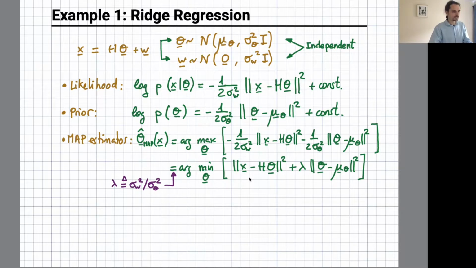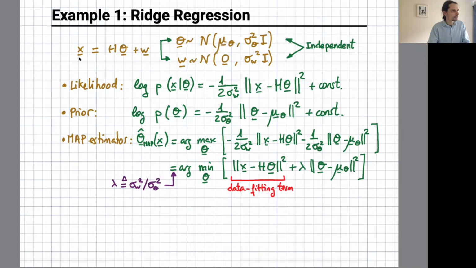So let us interpret this objective. Here we see that the first term depends on both the data and the parameter, as we saw earlier. So this can be seen to be small when theta agrees somehow with the data. To see that, suppose for a second that there's no noise, so w is 0.